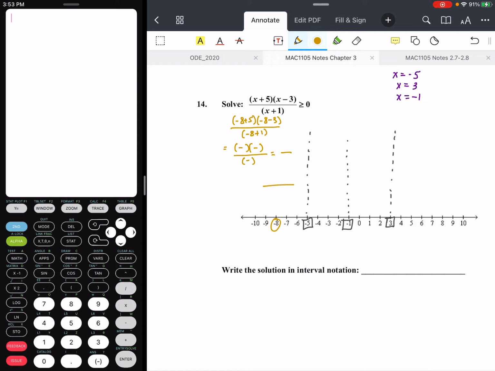In the next interval, let's use maybe -3 as a test point. So -3 plus 5 times -3 minus 3 over -3 plus 1. This is positive times negative over negative. Positive times negative divided by a negative gives me overall a positive. Two negatives make a positive.